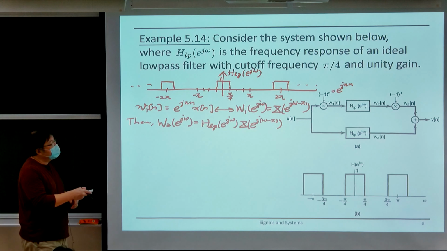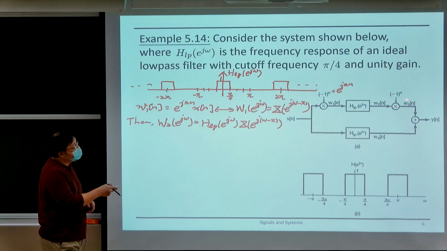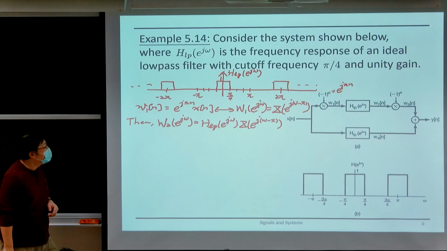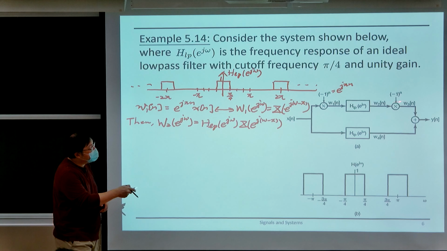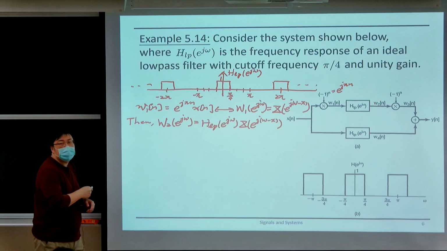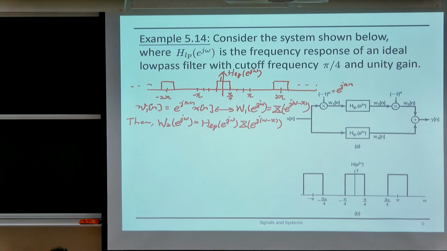Now, if you multiply W2 by -1 to the power n to get W3, then similar to before, W3 should have a spectrum that is a frequency-shifted version of the spectrum of W2.